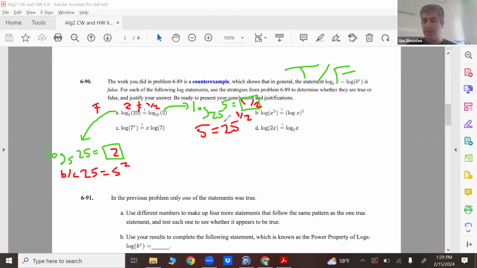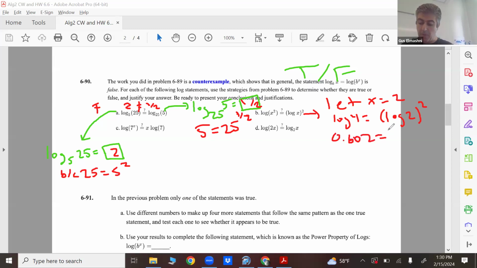Likewise with B, let x equal 2, so you get log 4. And let me punch in my calculator. I get 0.602.